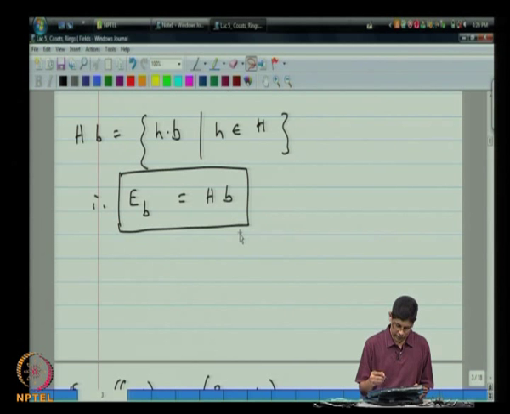I think it is appropriate to make a note right here, and I will do it in red so that it stands out on the notes.